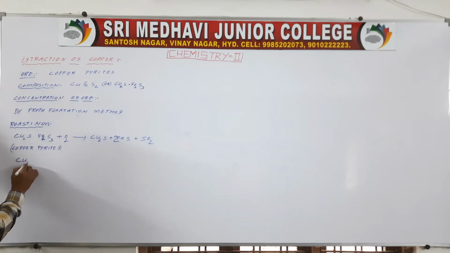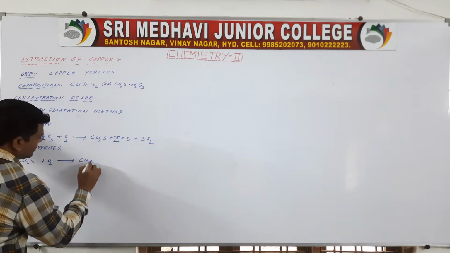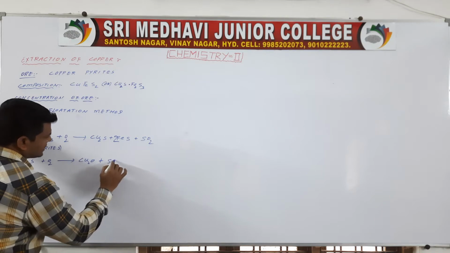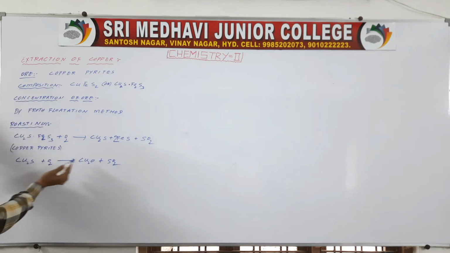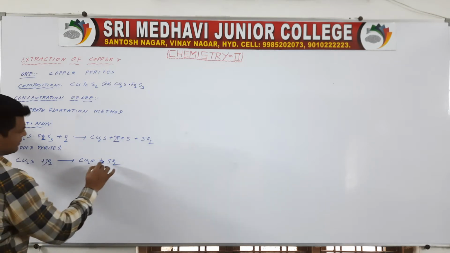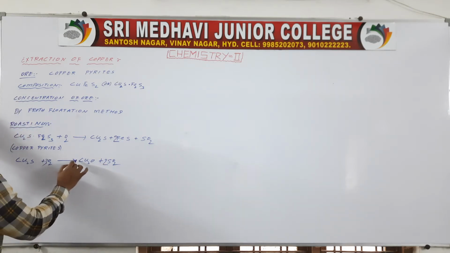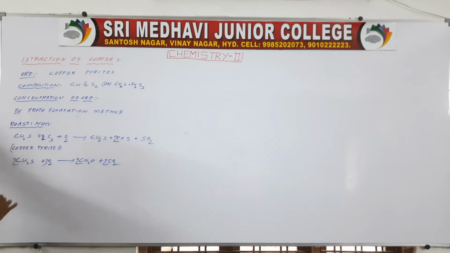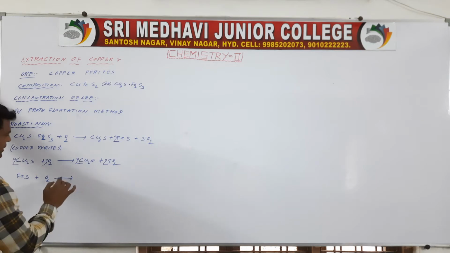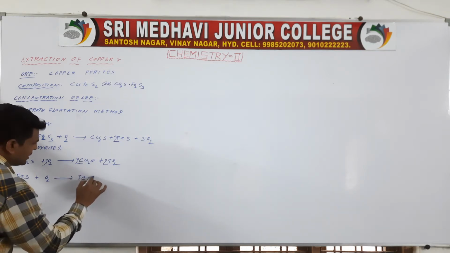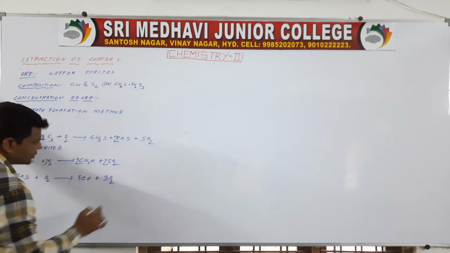Again, copper sulfide is heated in the presence of oxygen, and it is converted into the oxide Cu2O plus SO2, which is balanced by taking the proper coefficients. Then FeS, heated with oxygen, is converted into FeO plus SO2.